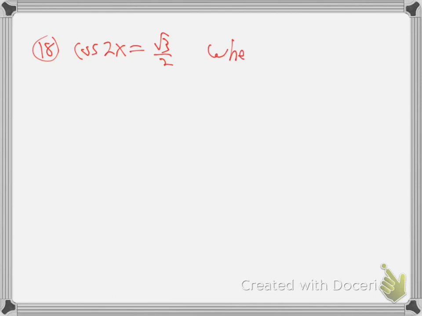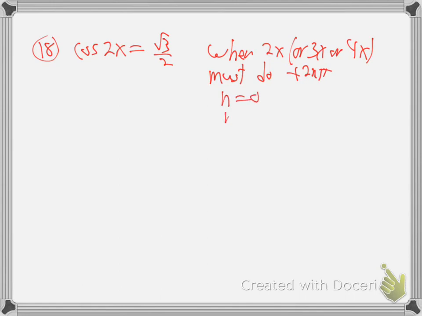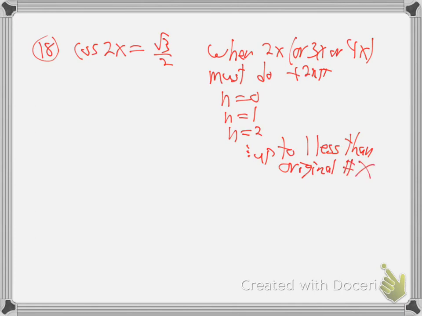When you've got 2x or 3x or 4x or something like that, you must do the plus 2 n pi, and the n equals 0, n equals 1, n equals 2, dot, dot, dot, up to 1 less than the original number x.